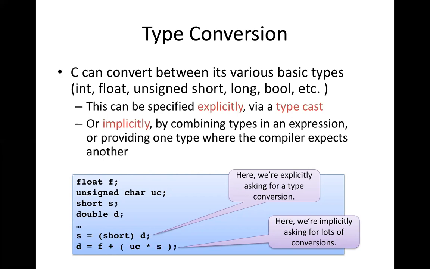We'll spend some time talking about that because since C will let you implicitly convert types all over the place. Again, lots of places Java wouldn't let you do that. To understand what our code's going to do, we need to kind of understand what implicit type conversions the compiler will make for you, again, so we can know what it's going to do with the code that we're writing.